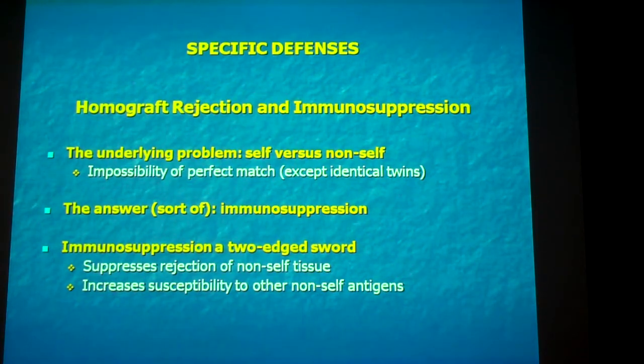So let's say somebody has a kidney transplant from other than an identical twin. Right now, lots of people have had this, right? And most of them are successful, aren't they? All right. How is that so?